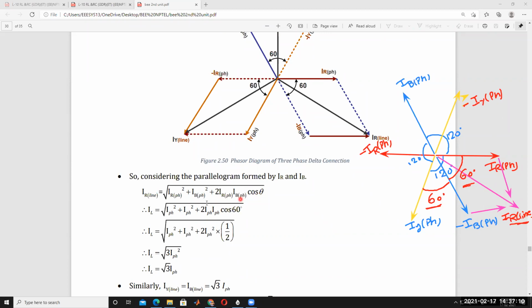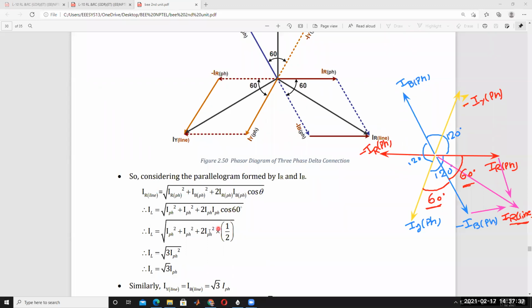Then IL is equal to the square root of I phase square plus... the phase currents are the same in a delta connected system. IR phase is equal to IB phase, equal to I phase. Substituting that value, you will get I phase square plus I phase square plus 2 I phase square cos 60, since the angle between IR phase and IB phase is 60 degrees.